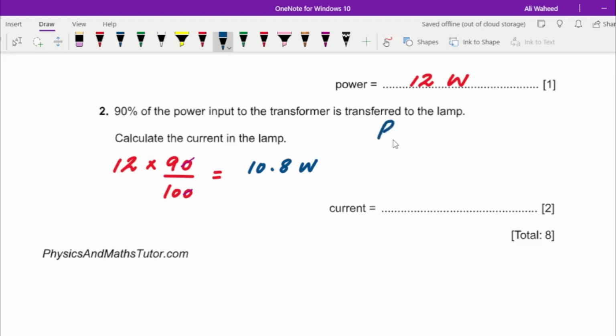So P out equals 10.8, and from the formula we have output power equals voltage on the secondary side times the current on the secondary side. What do we need to find from here? We need to find IS. Do we have the value of P out? Yes, 10.8. Do we have the value of secondary voltage?